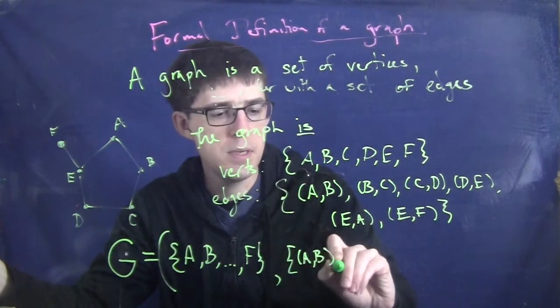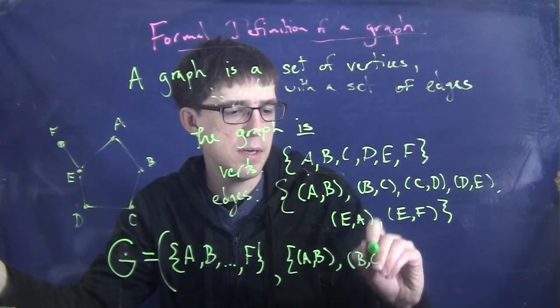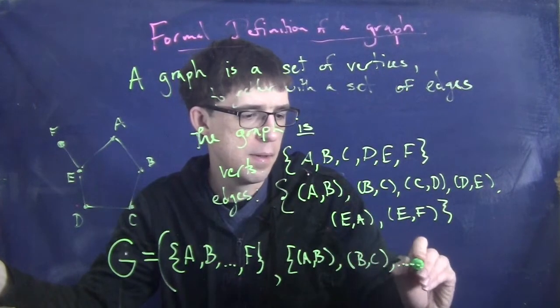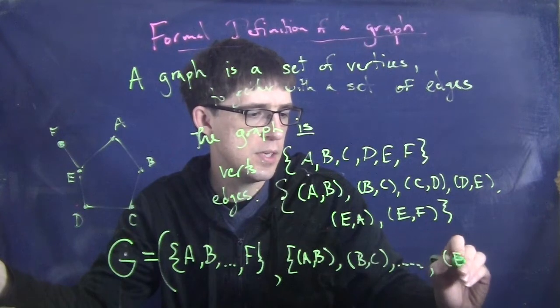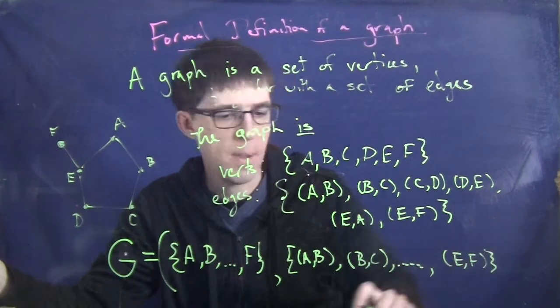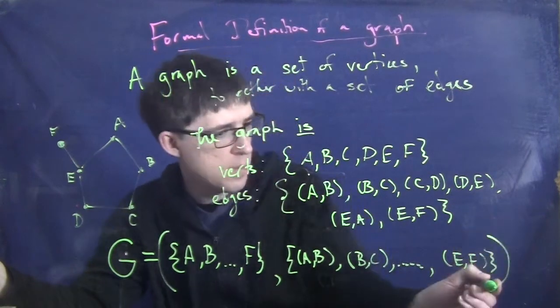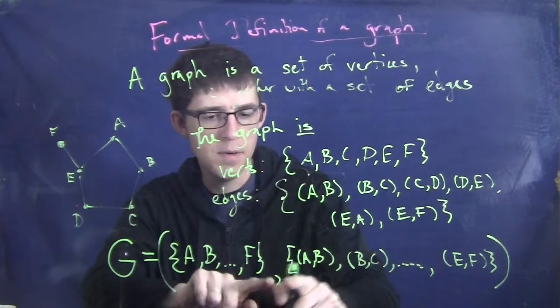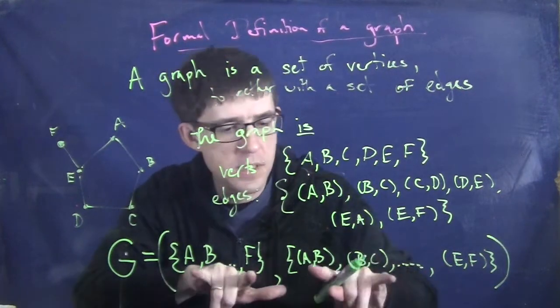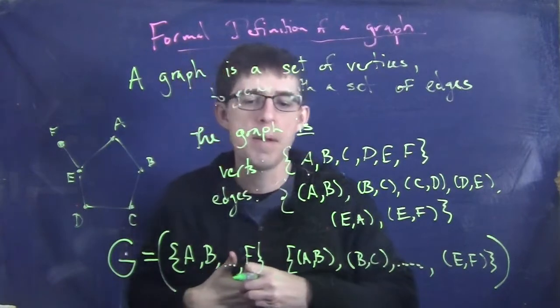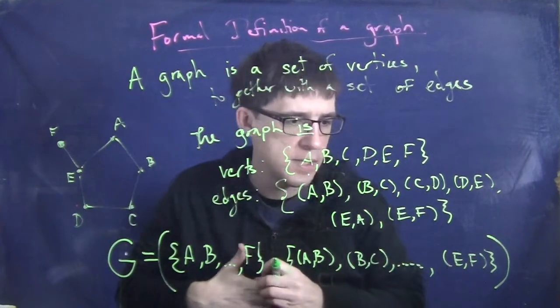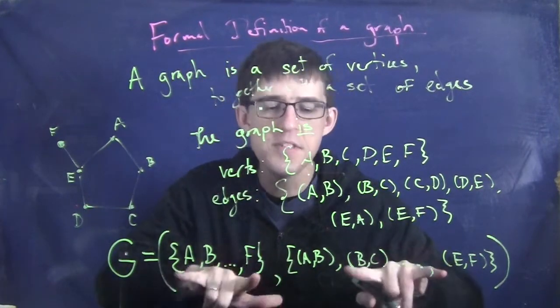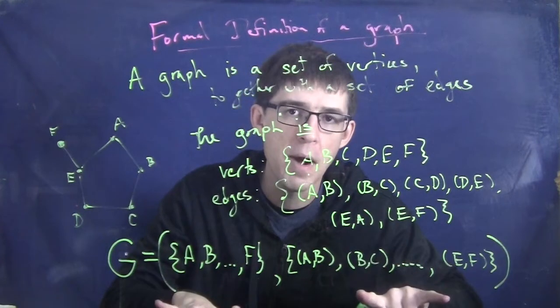The edge AB, the edge BC. I just write this stuff again. You get the idea? The edge E to F is the last one. All right? And then I close. This is a big pair of two sets. You have to have all these various brackets and parentheses in the right place, or else it won't make sense in the way that you want it to. This is the true nature of the graph.